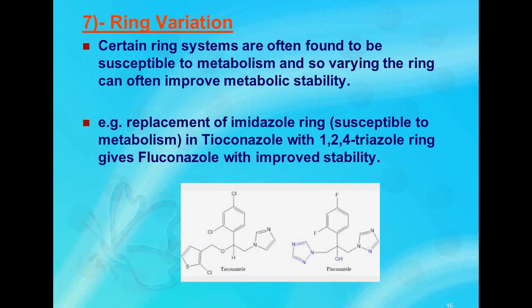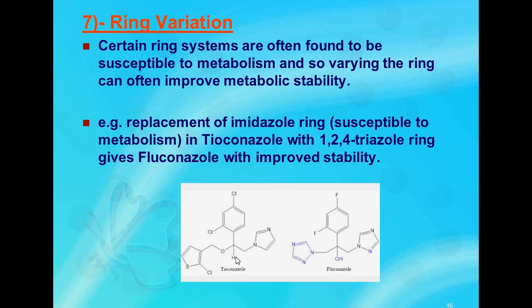Now coming to the ring variation. Certain ring systems are often found to be susceptible to metabolism, and so varying the ring can often improve the metabolic stability. For example, the replacement of the imidazole ring, which is susceptible to metabolism in tioconazole, with a 1,2,4-triazole ring gives fluconazole with improved stability as shown previously.